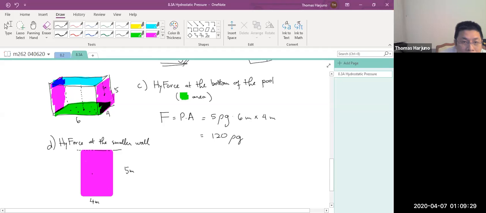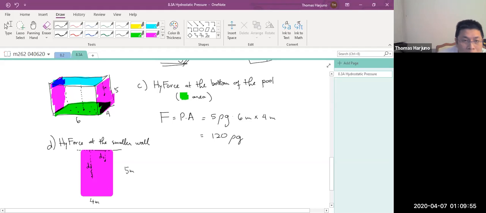At different points, the pressure will be different. The pressure at this point here is equal to the depth at that point, which is different from if we choose the point here. It's another depth. You see what I mean?